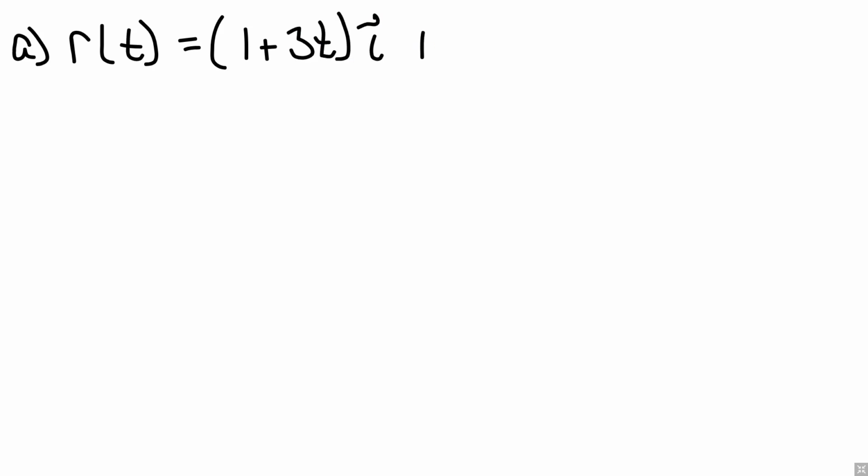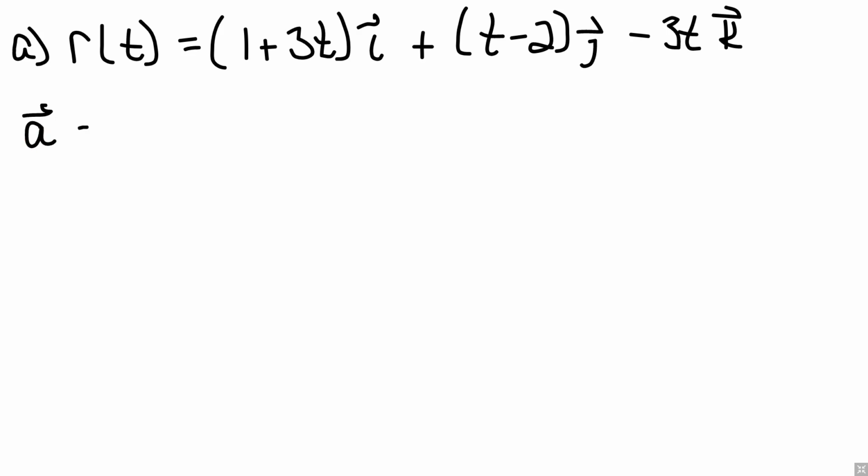So for the first one, r of t is equal to 1 plus 3t in the i direction plus t minus 2 in the j direction minus 3t in the k direction. Again, we're not trying to find what the unit tangent or unit normal vectors are.